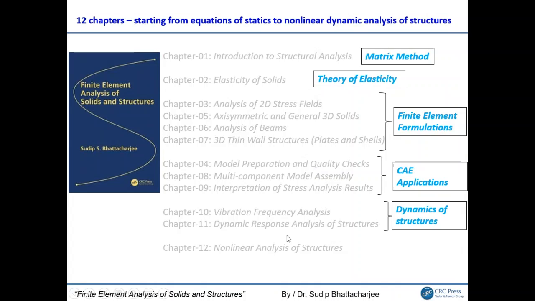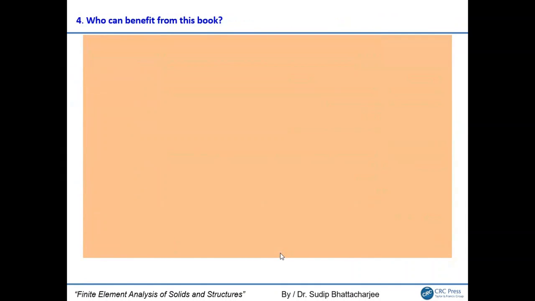Dynamics of structures is covered in chapters 10 and 11, and finally chapter 12 on nonlinear behavior of structures for material plasticity, for part-to-part contact variations, and for large deformation behavior of the structures.